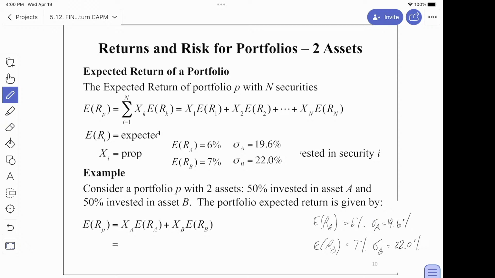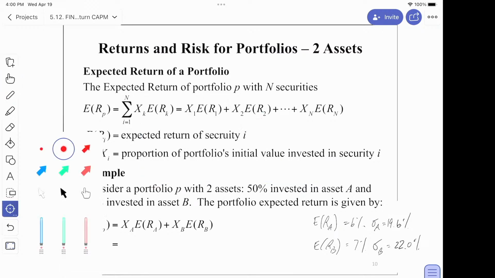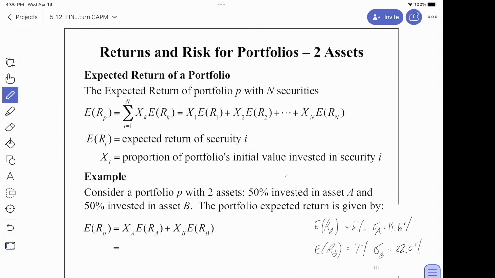So if I invest, for example, $1,000, that means 500 will go in A and 500 will go in B, if that makes it clearer.